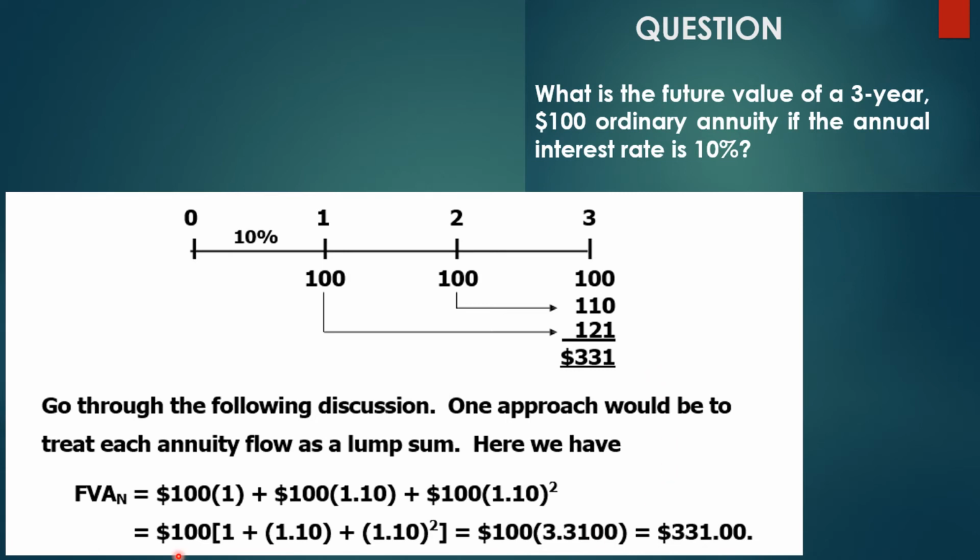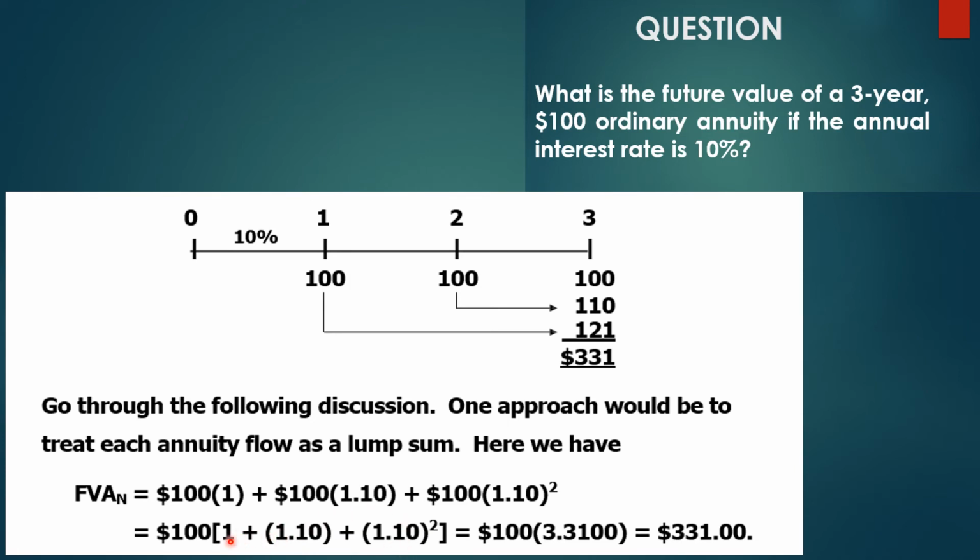Okay, so 3.31, we get 3.31 by multiplying the interest factor. So 1.10 for year 2 plus 1.10 raised to 2 for year 1 and 1 for year 3. So that will give us 3.31.